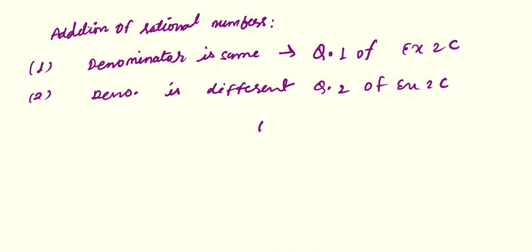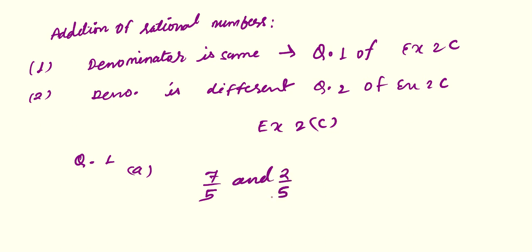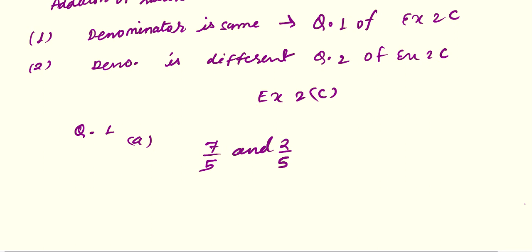So the first exercise 2c, question number 1. The first question is 7 by 5 and 2 by 5. Addition is given. As you can see, the denominators are 5 and 5, both are the same.